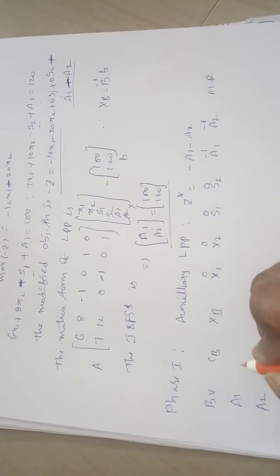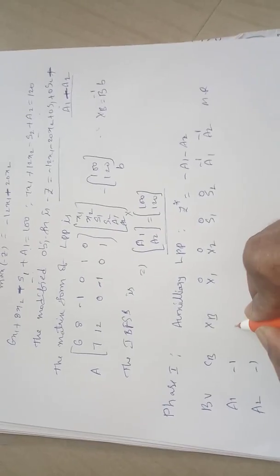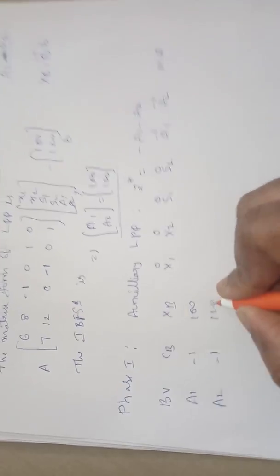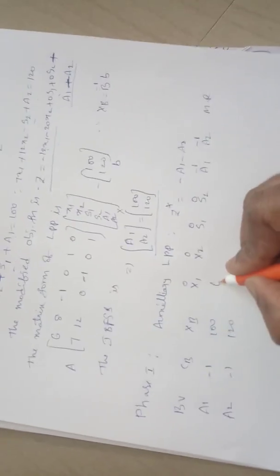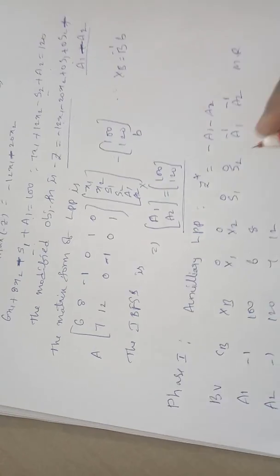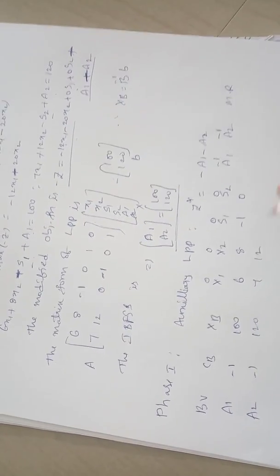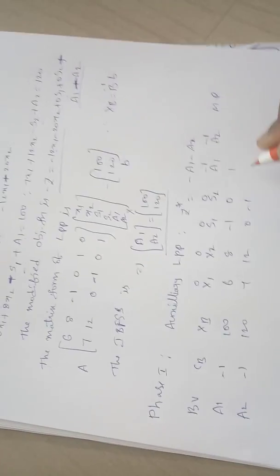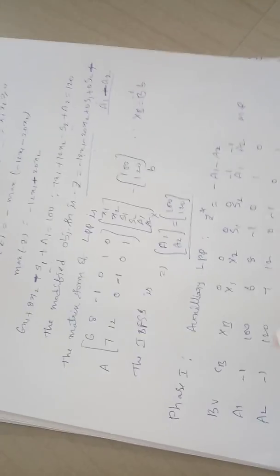In cB you take minus 1, minus 1. In place of xB you take 100, 120 and write the matrix as it is: 6, 8, 7, 12, minus 1, 0, 0, minus 1, 1, 0, 0, 1.